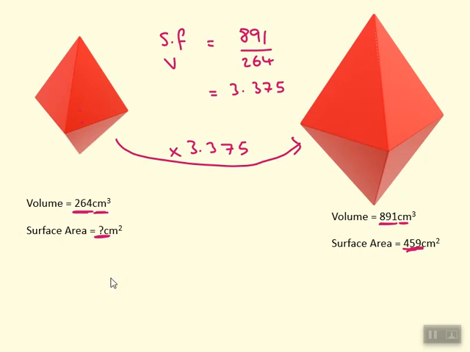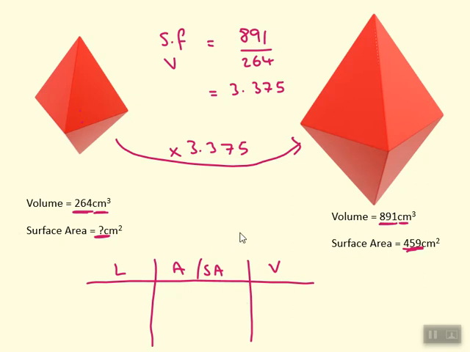Now, let's do a little table for working out scale factors. So the length, I'm going to put area slash surface area because they're kind of the same, and then volume. The volume was multiplied by 3.375.